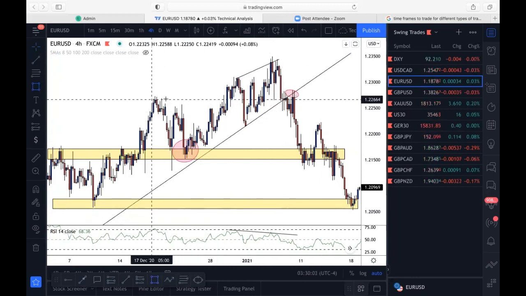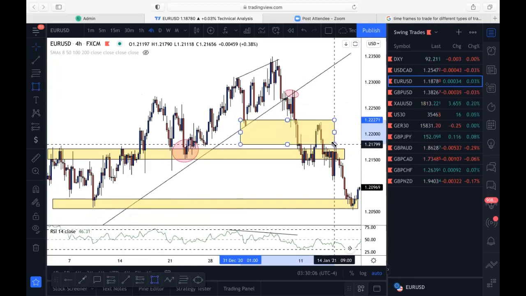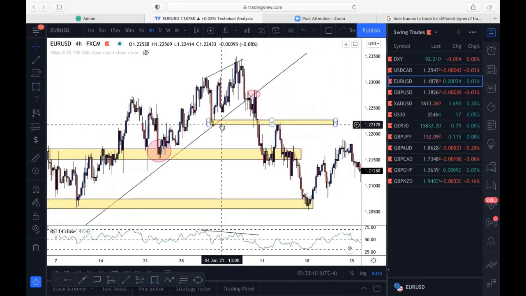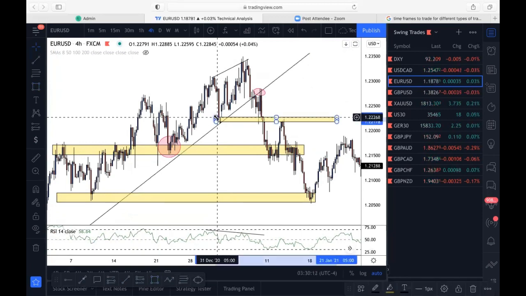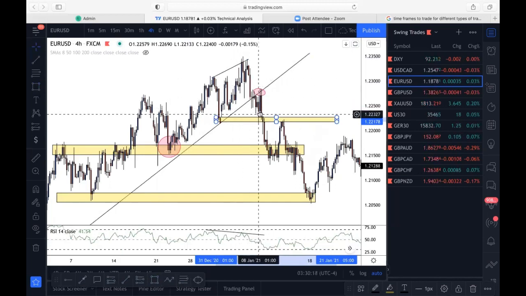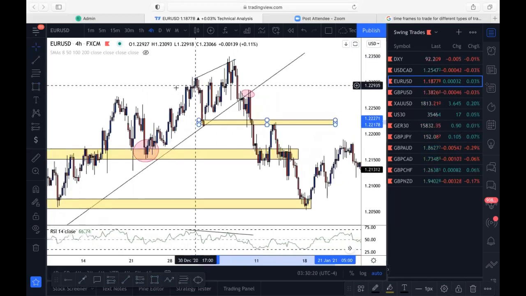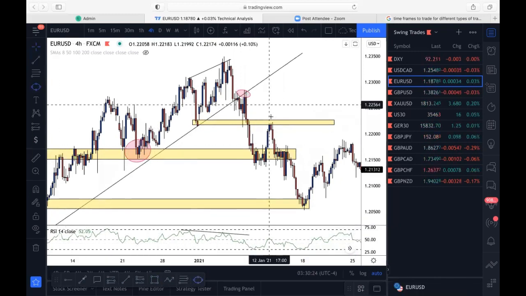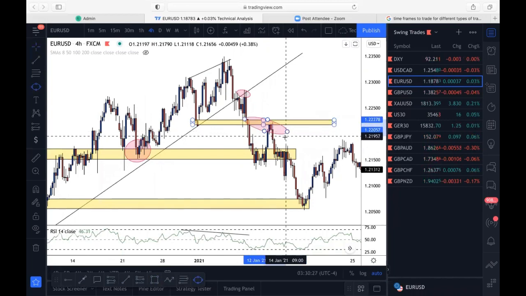So you can either get in on this previous higher low here, or you could have waited for this break of the trend line and retest. So I'm gonna just show multiple entries all at once.